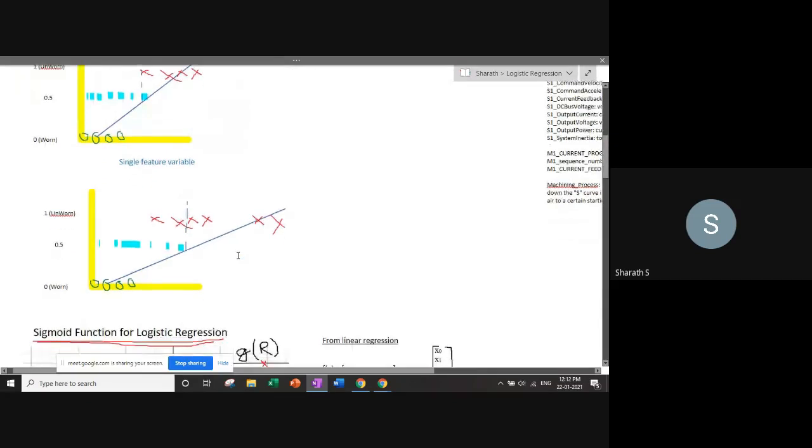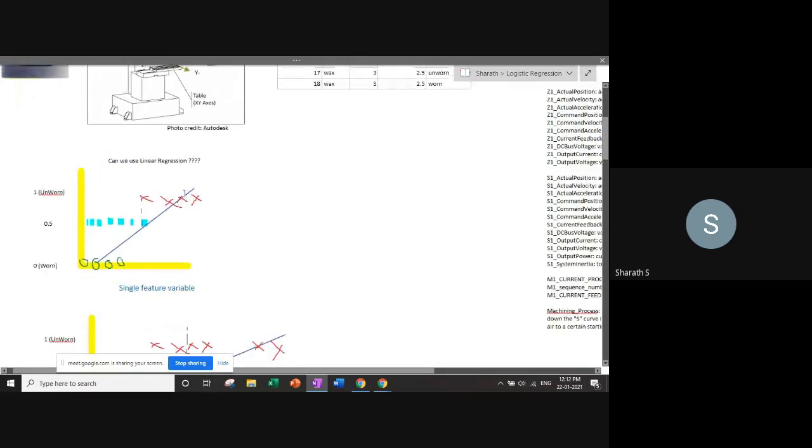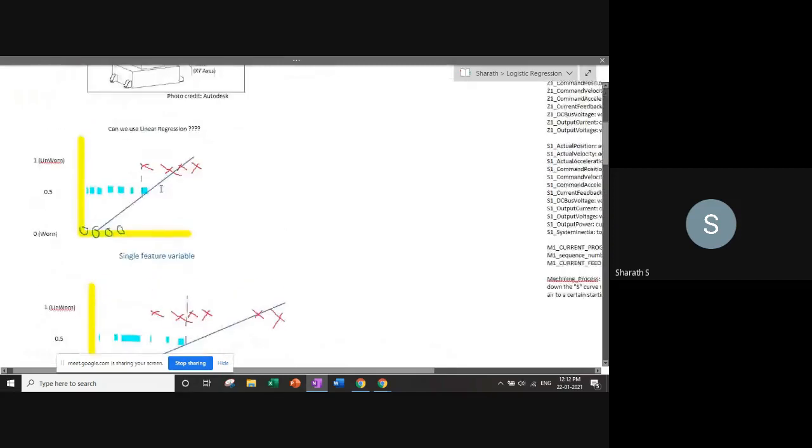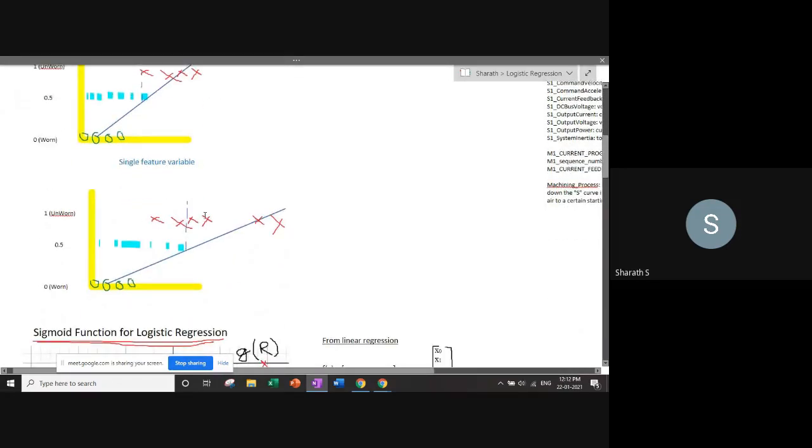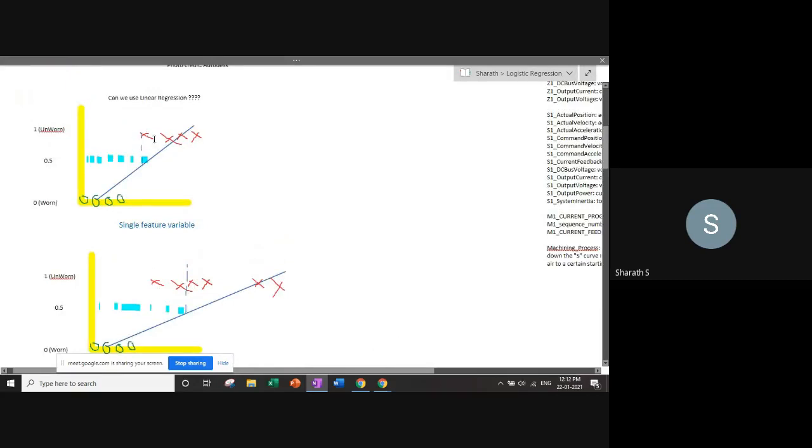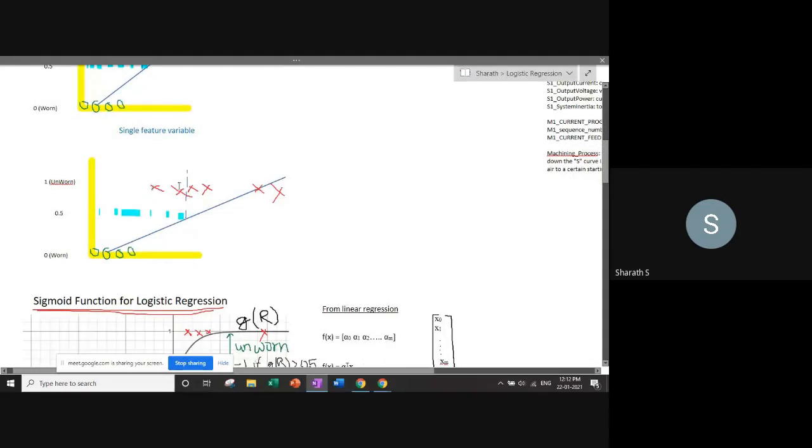The problem comes when the spread of the variables is much broader than what is seen here. Suppose in all these unknown states, instead of being clustered around here, their values are quite spread out, and now you want to fit a linear regression. The line is not going to go like this. It's more likely to go like this.